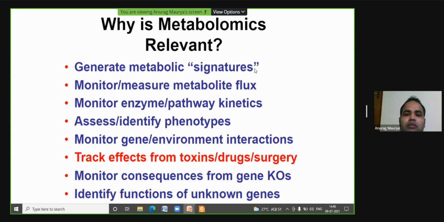Then you will grow that plant at different salinity levels, slowly create the condition of drought, and check whether those markers of drought are being expressed or not. In that way, you can monitor the interaction of gene and environment by studying a set of metabolites, those which are signature of that particular kind of trait.